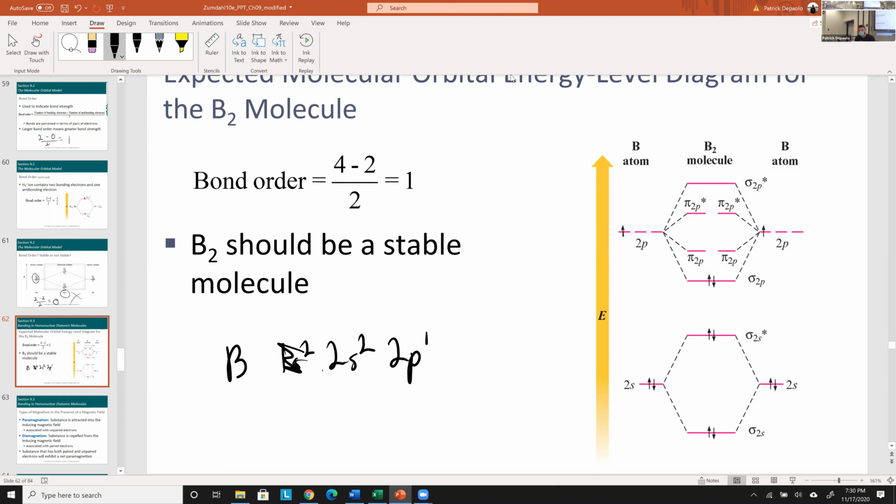For oxygen and fluorine, the sigmas here are flipped with the pi's. That's because once you get to oxygen, you're now filling this. This is where you are at nitrogen. Once you get to oxygen, you're filling this.